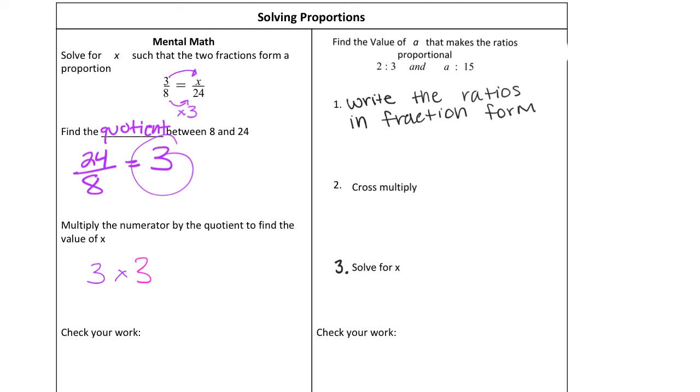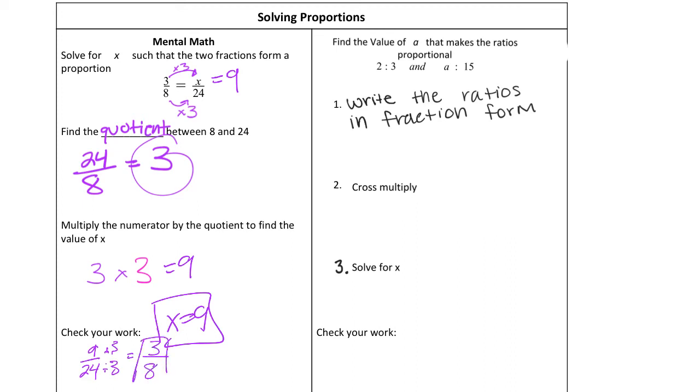What I'm doing on the bottom, I have to do on the top and multiply by 3, which gives me 9. So x equals 9. And then to check my work, I'm just going to take that fraction, 9 over 24, and simplify it to double check that it produces an equivalent fraction. So I'm going to divide by 3, gives me 3 over 8. And that worked, so x is my solution.